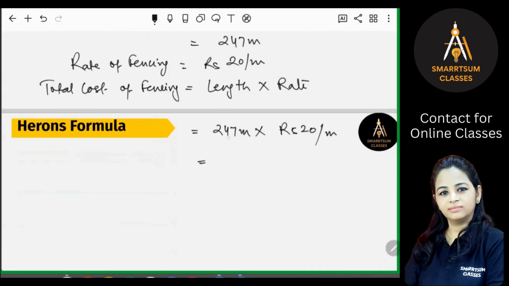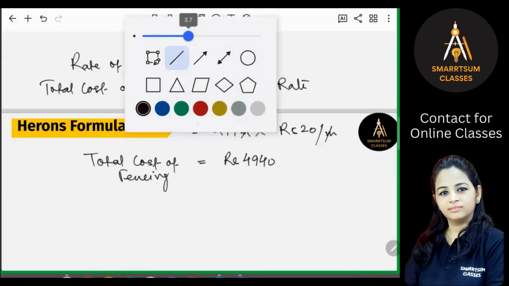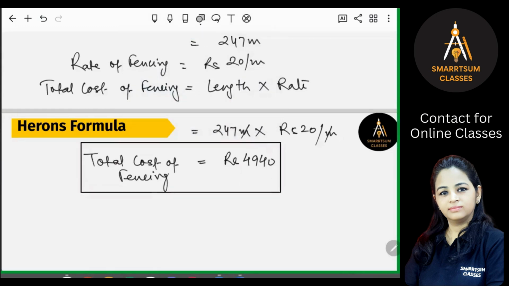Okay, so 247 into 20 is rupees 4,940, and this meter will cut, and you will get the value automatically in rupees. So this is the total cost of fencing.